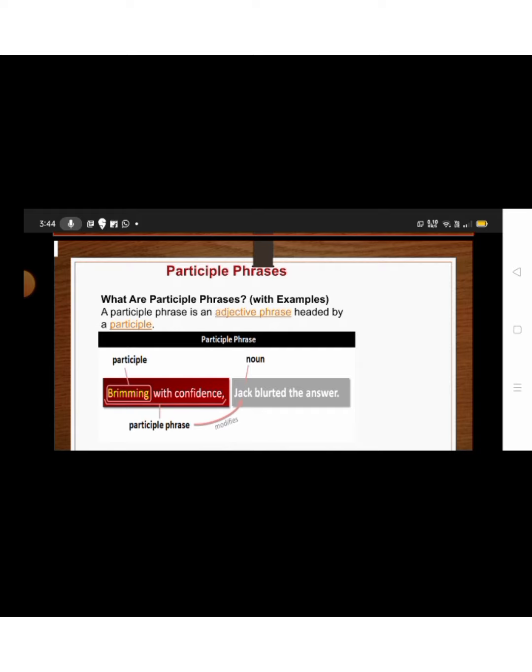Brimming with confidence, Jack blurted the answer. Here brimming is the participle, that is, it is a present participle, and this participle phrase is modifying the noun Jack. So this is a participle phrase, and here a present participle is being used. So what the participle phrase is doing is modifying the noun.